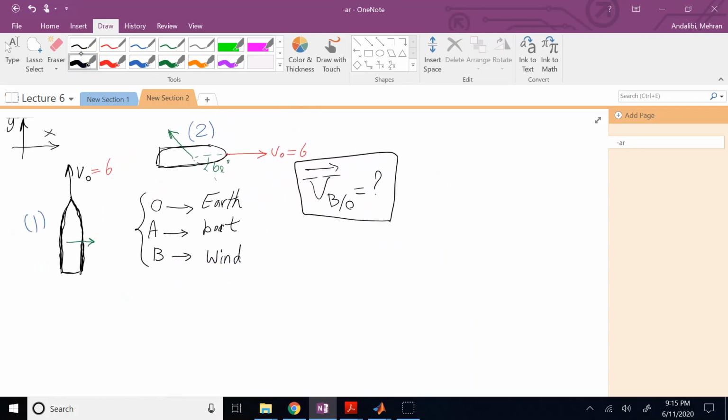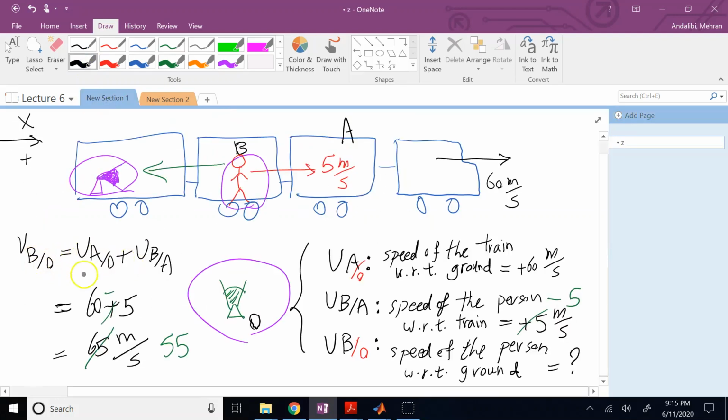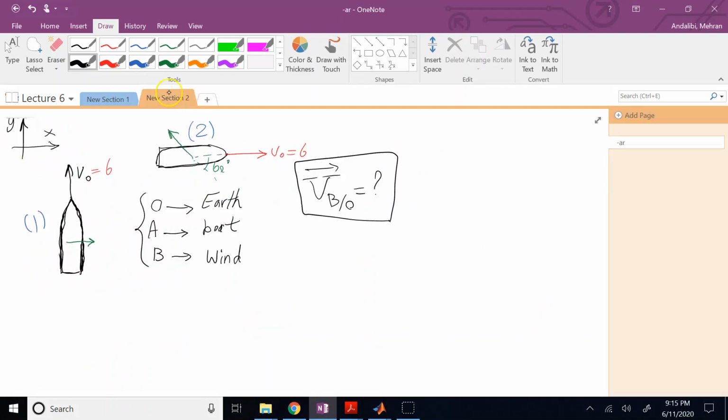So we write our relative motion equation in a vector format, not a scalar, because now my velocity is not only along one axis, it can be along both axes. So we have to write it as vectors with i and j components. So I say V of wind with respect to O in position 2 is V of wind with respect to boat in position 2 plus velocity of boat with respect to the ground in position 2.